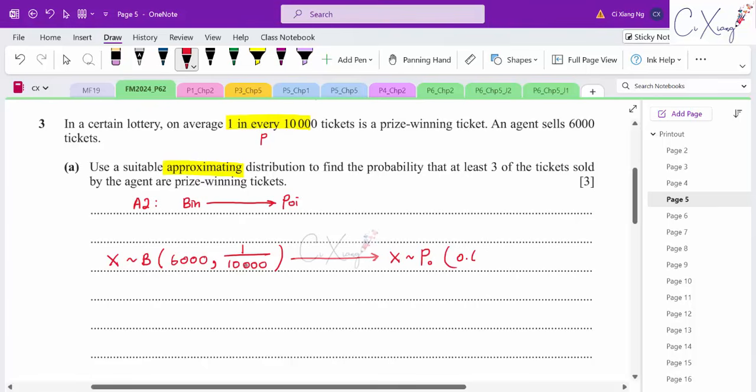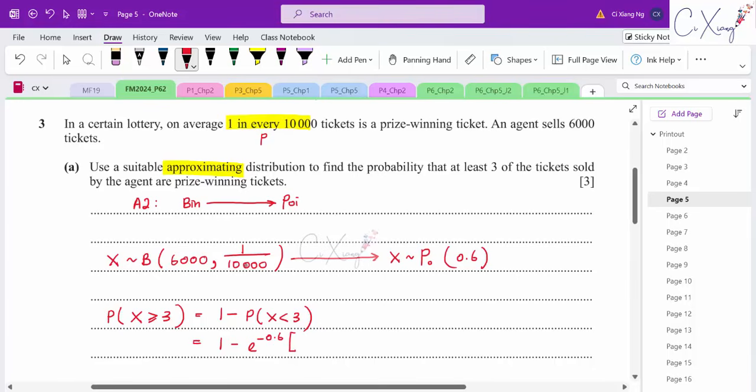So this is your lambda for the Poisson distribution, and they want you to find the probability of at least 3 tickets being prize winning tickets. So x greater than or equal to 3, included the 3, 4, 5, 6, 7, 8 until infinity for Poisson. You cannot find the value until infinity, so you have to take 1 minus the probability of x smaller than 3. Using Poisson distribution, I have e to the negative lambda.